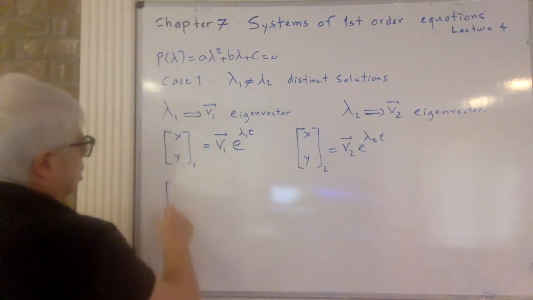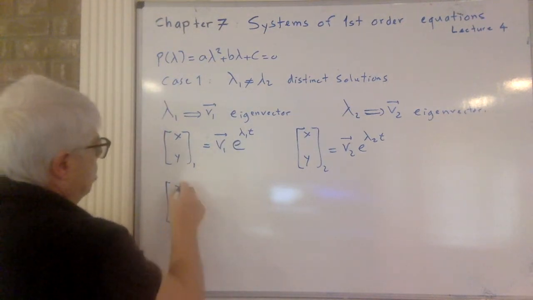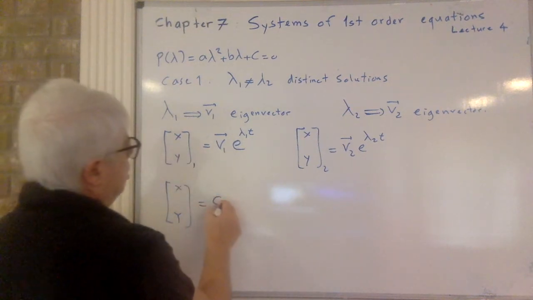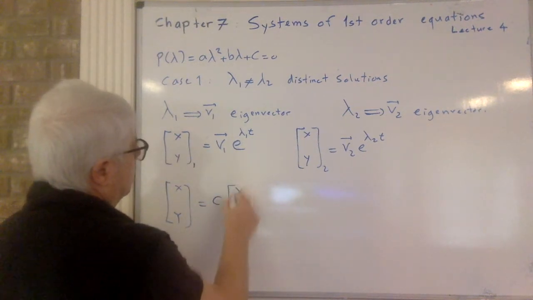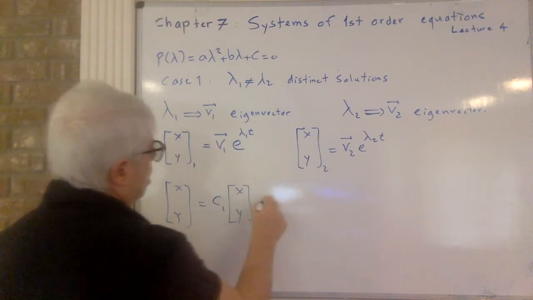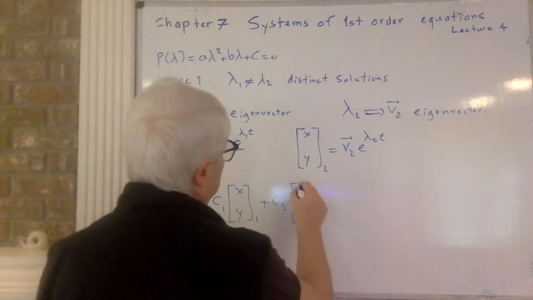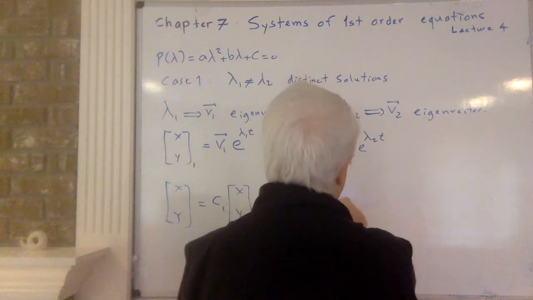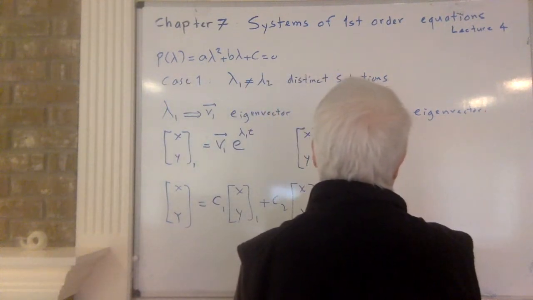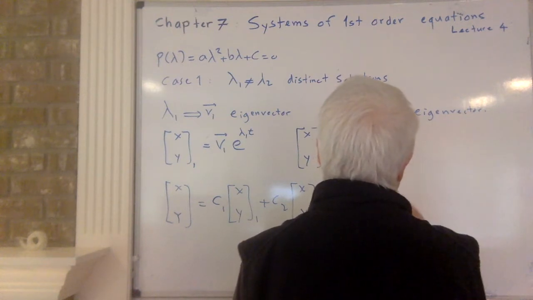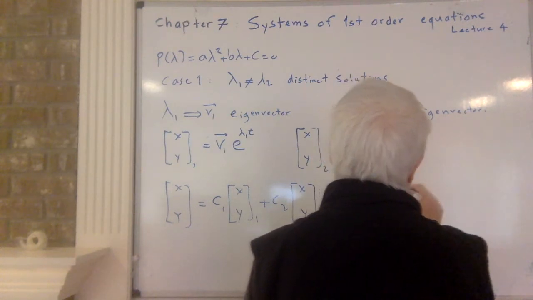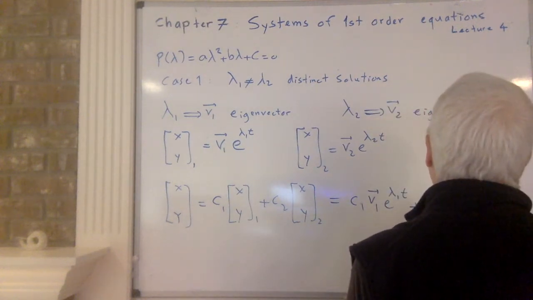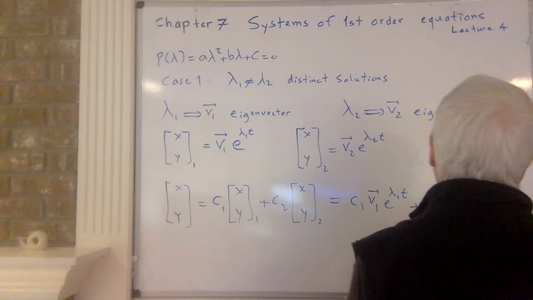So x, y, in fact that is the complementary solution, will be c1 times the first one plus a constant c2 times the second one. So it is c1 v1 e to the power lambda 1 t plus c2 v2 e to the power lambda 2 t.